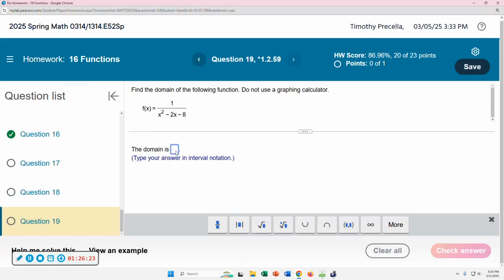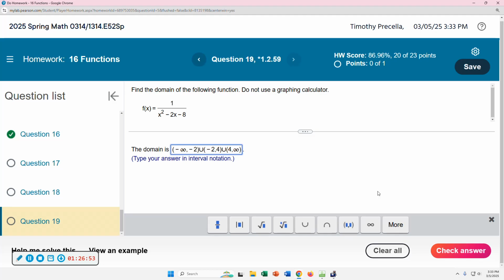Left parentheses, negative infinity, comma, negative 2, union, negative 2, comma, 4, union, 4, comma, infinity.